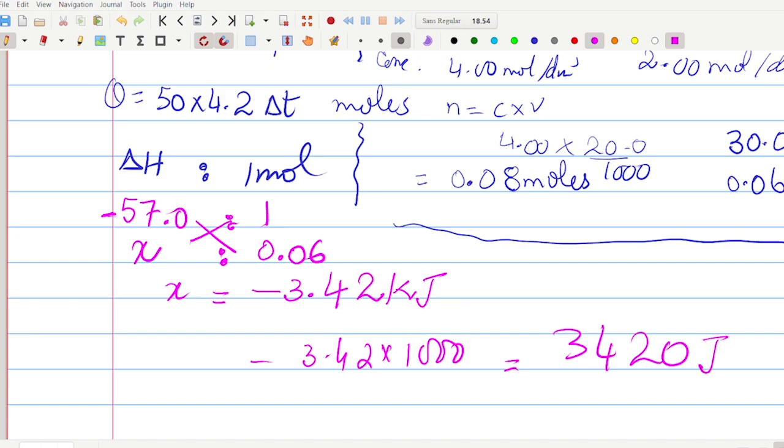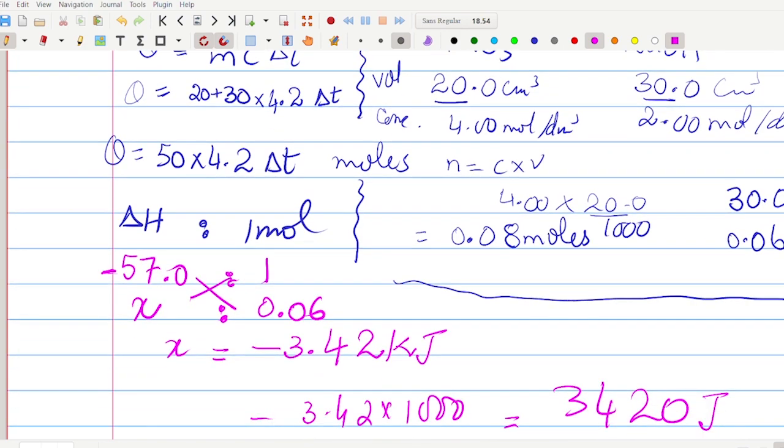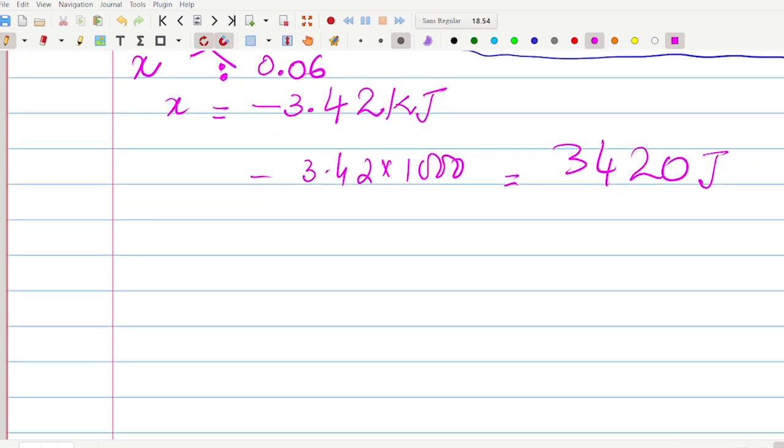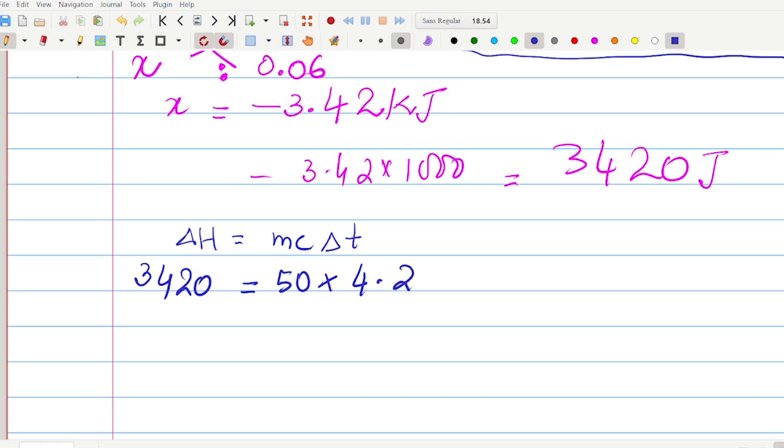Now come towards the next part. Q is equal to mc delta T, so we can write delta H is equal to mc delta T. Now we have to put the values here: 3420 joules is equal to 50 multiplied by 4.2 multiplied by delta T. We have to calculate delta T. First of all, calculate 3420 divided by 50 into 4.2.